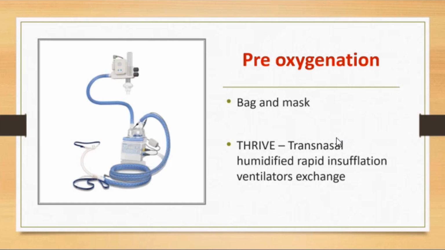The advantage of THRIVE is that you continue to oxygenate the patient even while you are intubating. In case THRIVE is not available, try to put a simple nasal cannula with high-flow oxygen, which acts as a CPAP also.